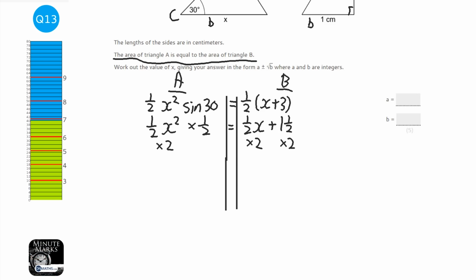So anything that's separated by a plus or a minus, you've got to times by 2. Okay, so here we have x squared times a half equals x plus 3. Cool, right, okay, so next I'm going to times everything by 2 again, actually.